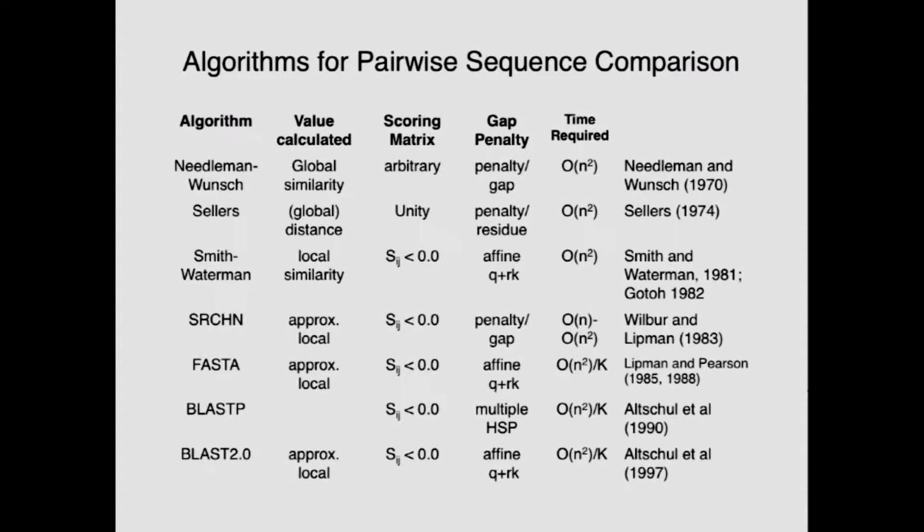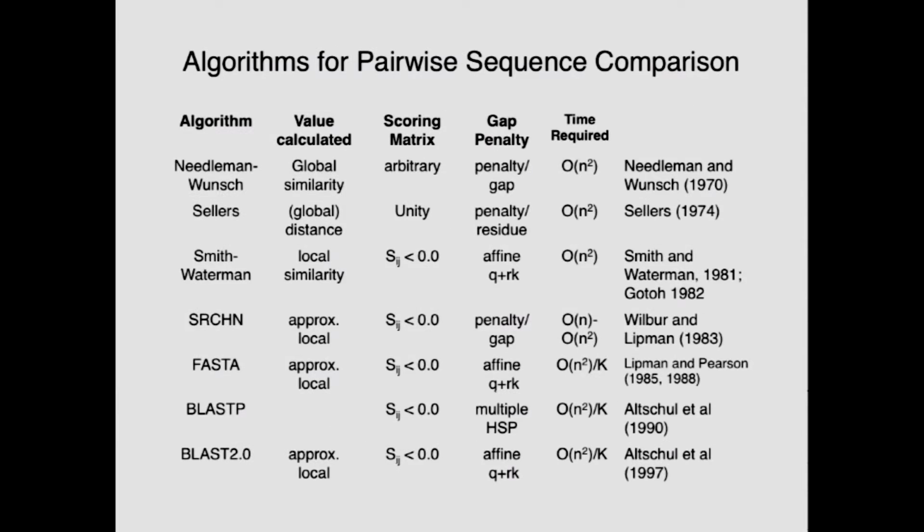And now we have the current version of BLASTP, which uses more sophisticated gapping. But everything in this part of the box, which is all the things that we use today for protein sequence searching and for similarity searching in general, is mostly looking for local alignments and has this constraint that the scoring matrix has to have an average value which is less than 0.